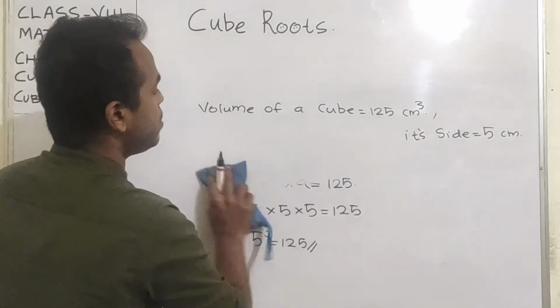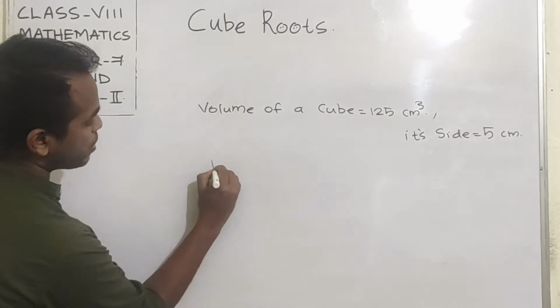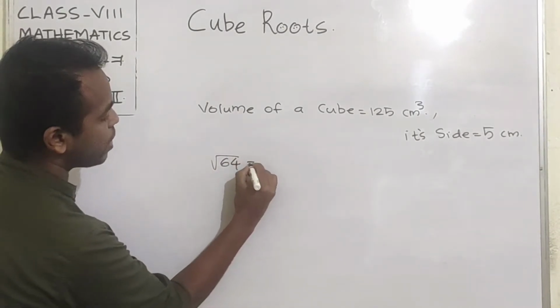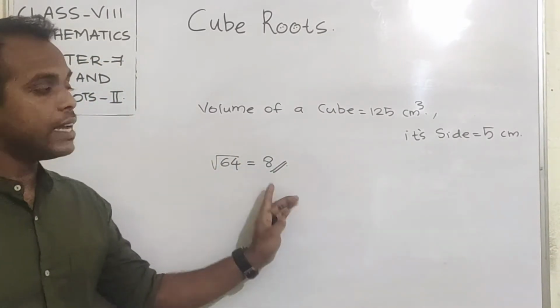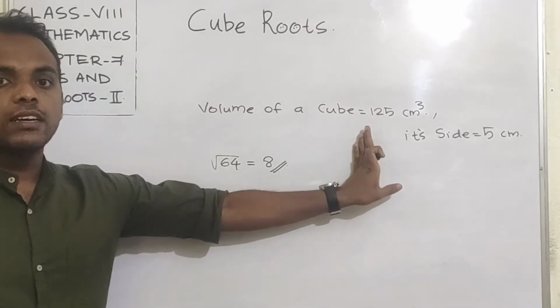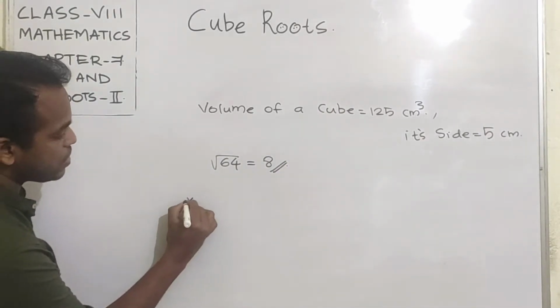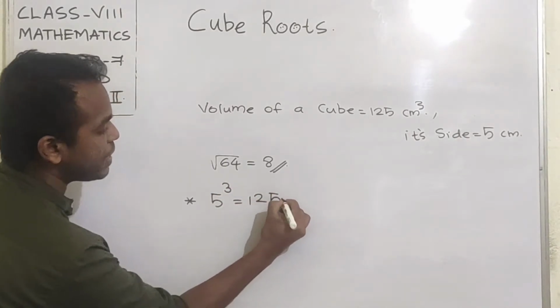In the last chapter, we saw the square root of a number, for example, square root of 64. It was 8. Similarly, this also has a particular method. For example, we just saw that 5 cube is equal to 125.